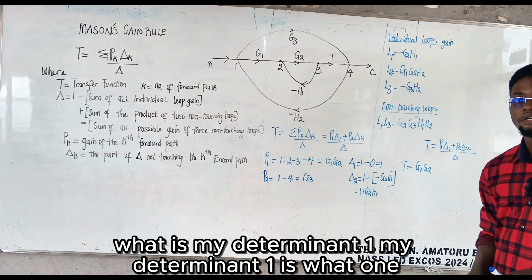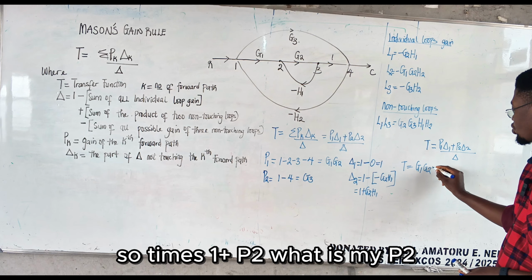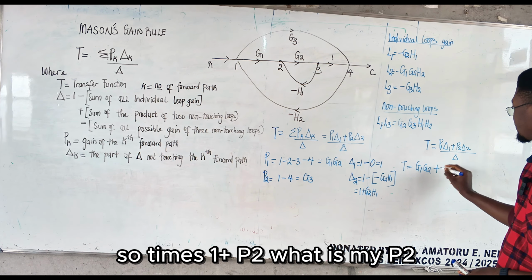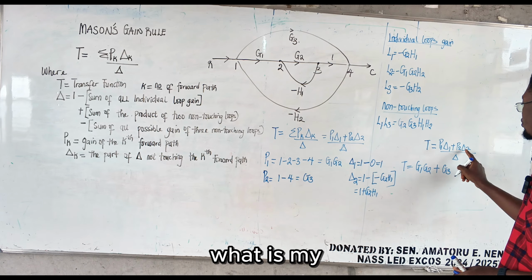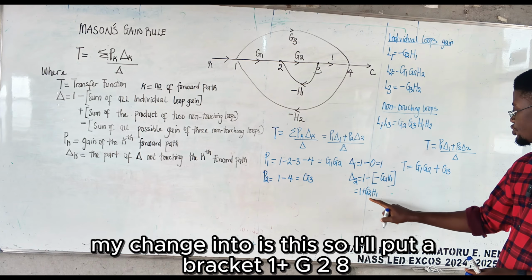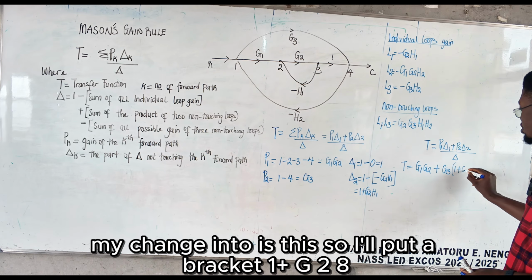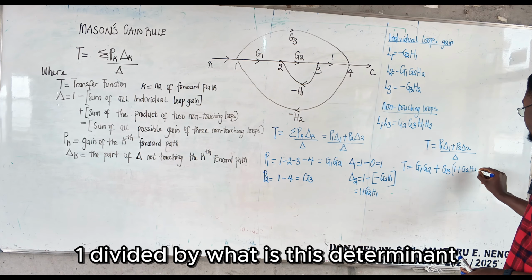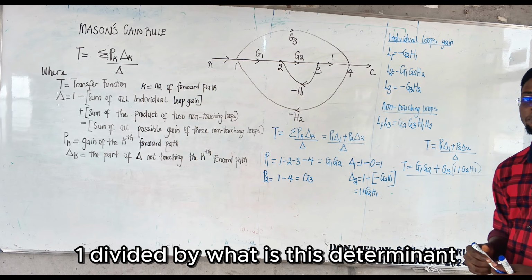What is my determinant 1? My determinant 1 is 1. So times 1, plus P2. What is my P2? My P2 is G3. What is delta 2? My delta 2 is this, so I'll put a bracket: 1 plus G2 H1, divided by the determinant.